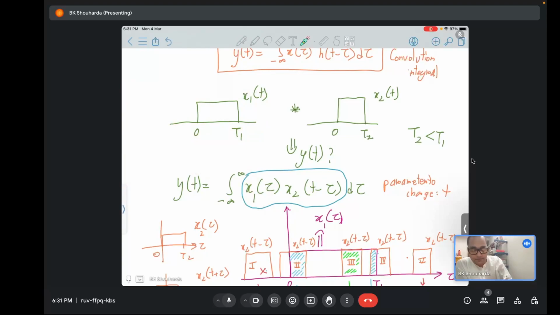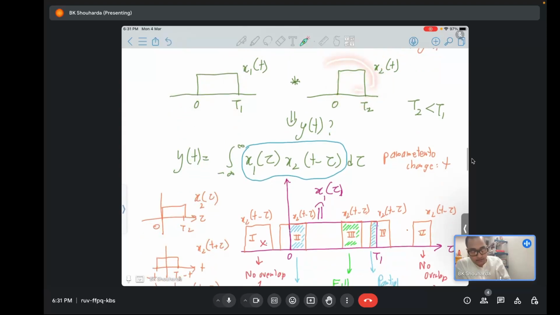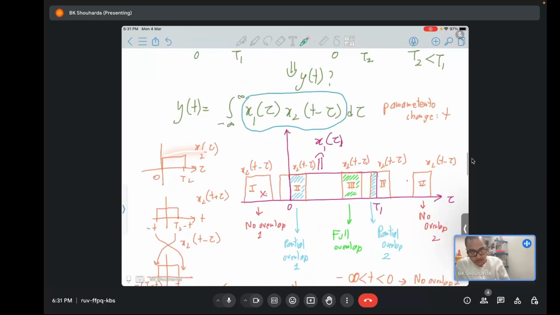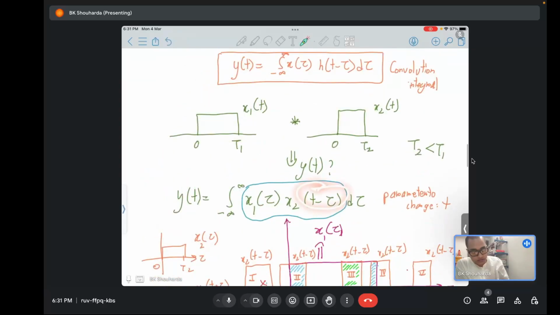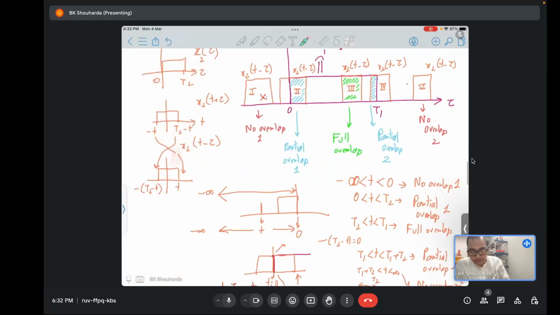So I will fix one and then I will take this and I will first shift because I need x2 of t minus tau and I will be playing in the tau interval. So I take this, I shift it to left by small t and then I flip it.